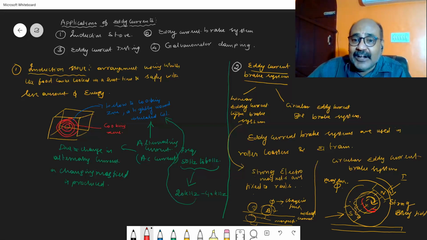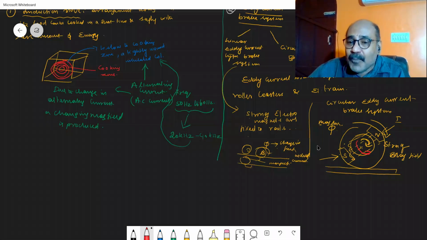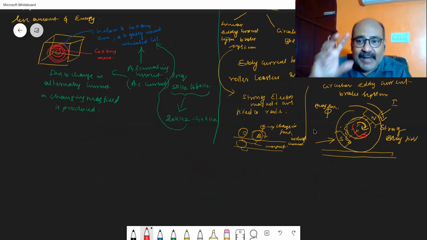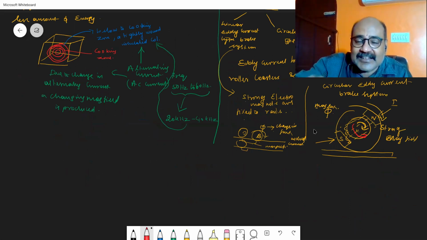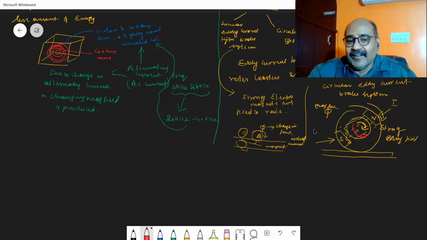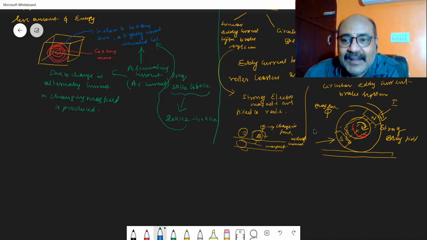So the induced current opposes the rotating disc, so that the moving train will come to rest immediately. A couple is formed. Because of that couple, a torque is developed, and the torque makes the train stop. You see, you have a wheel.